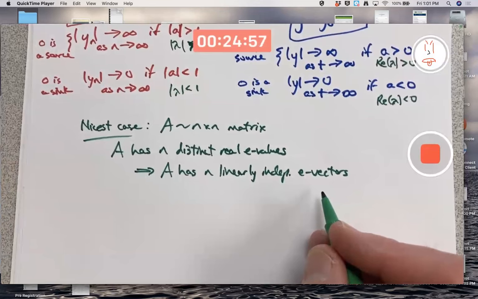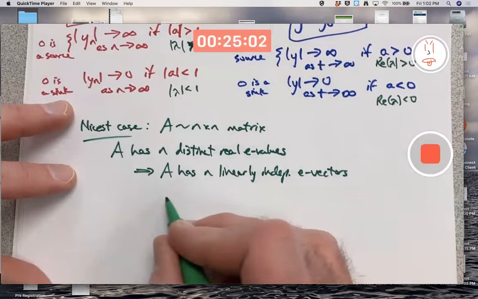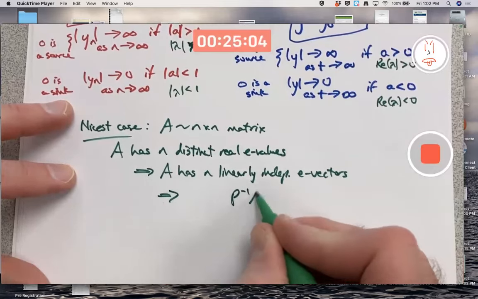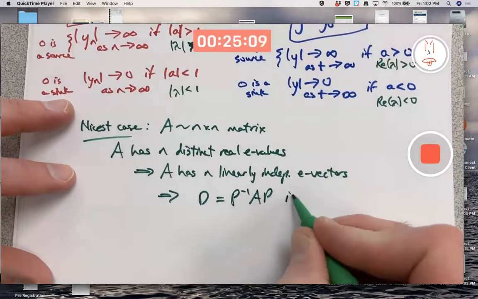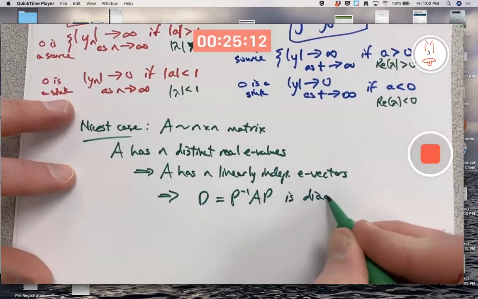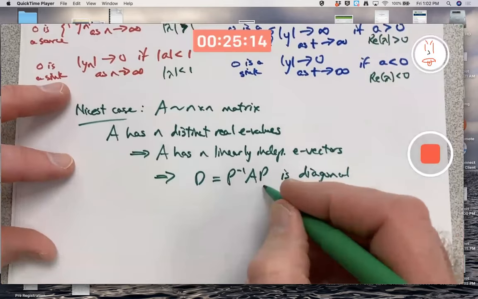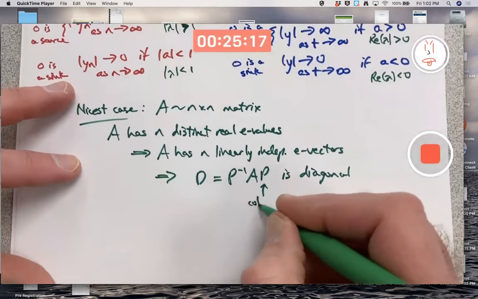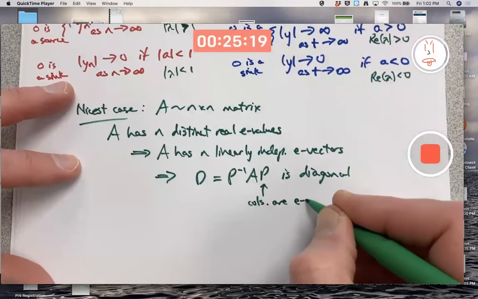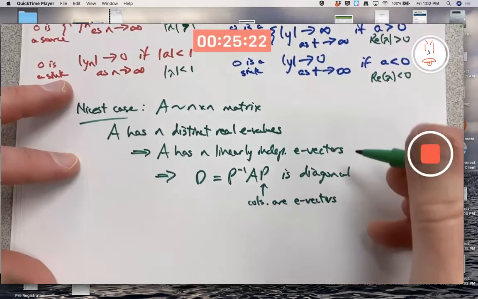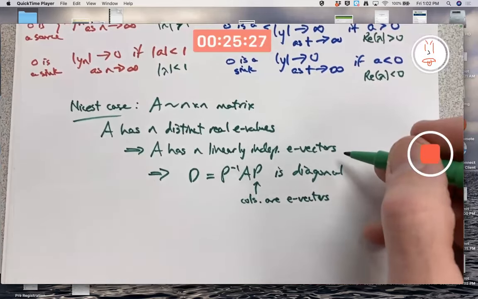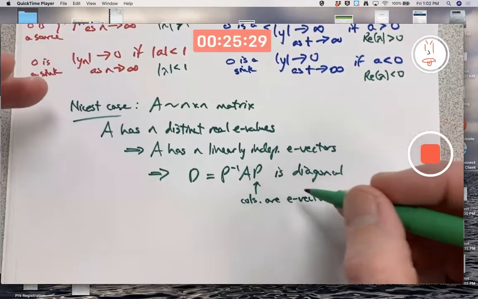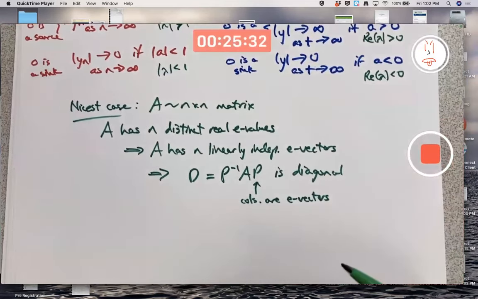You put them in the columns of a matrix called P. And then if you compute P inverse AP, it becomes a diagonal matrix. That's going to be diagonal when the columns of P are the eigenvectors. And it's important that the eigenvectors be linearly independent so that they form a basis for Rn, so that the matrix P is invertible, so you can actually do this.